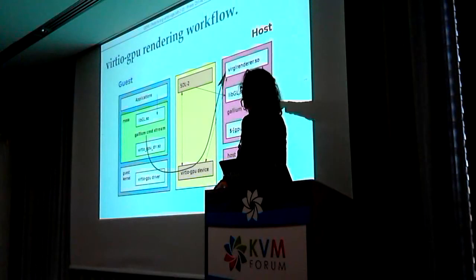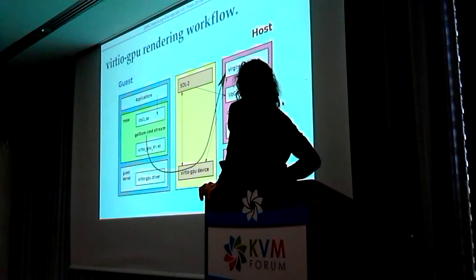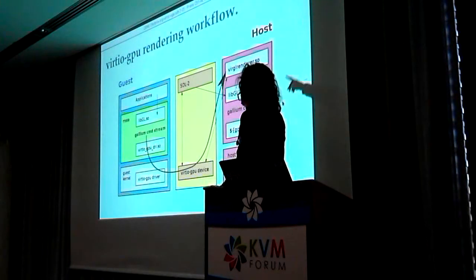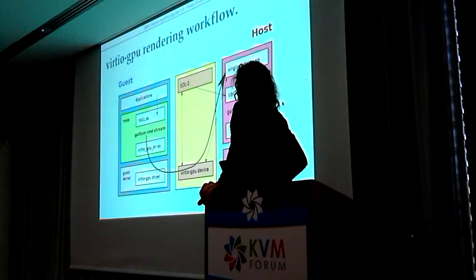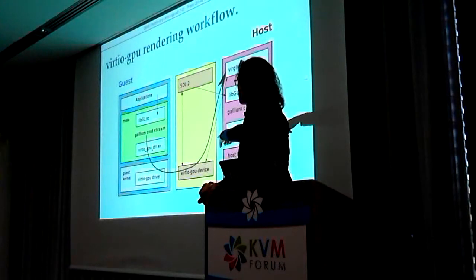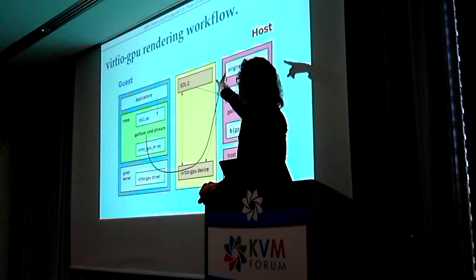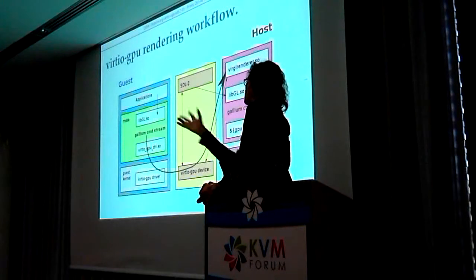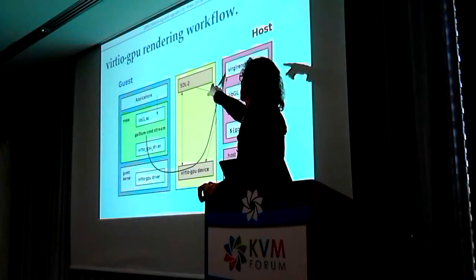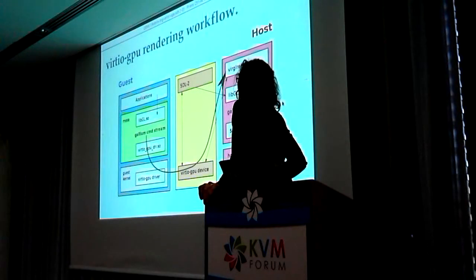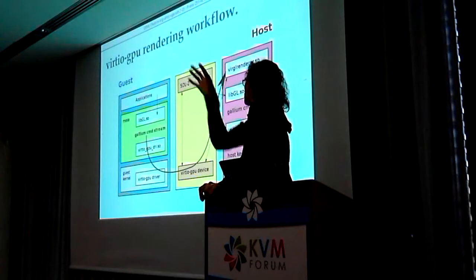And here again, you have a Gallium command stream, which looks a bit different, of course, because the texture IDs have changed and so on. Then it goes to the hardware-specific driver and will finally show up on your screen somehow. And of course, the virtio-gpu device has to talk to SDL to tell which texture the guest display is on, and SDL then has to also talk to libgl to ask to blit this texture to the screen.